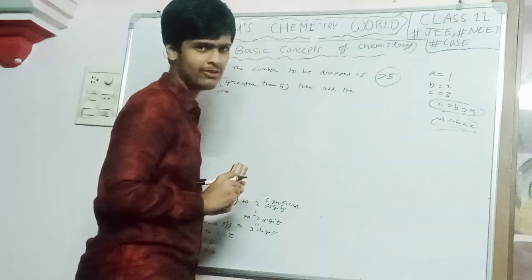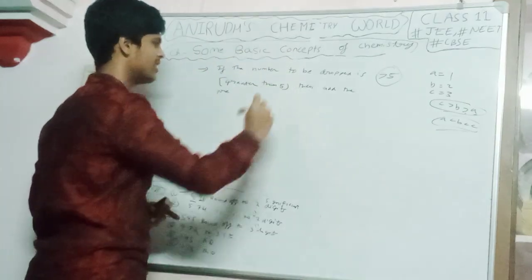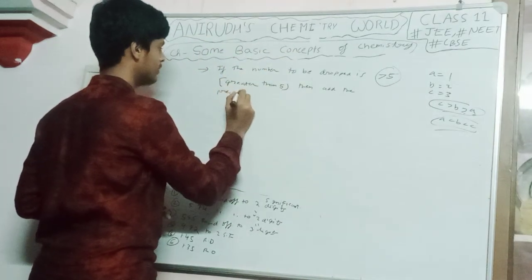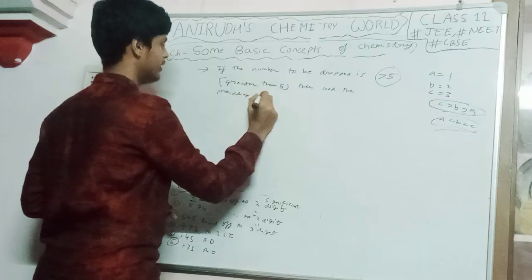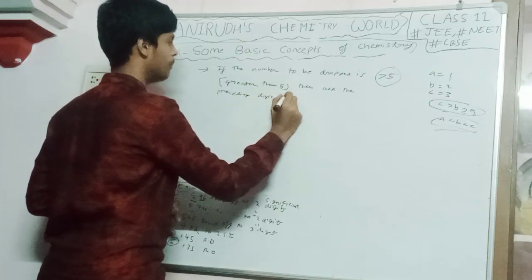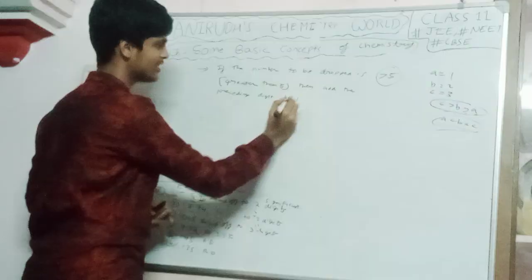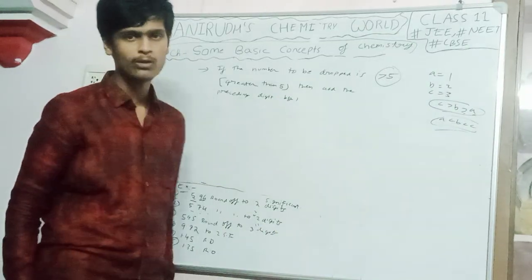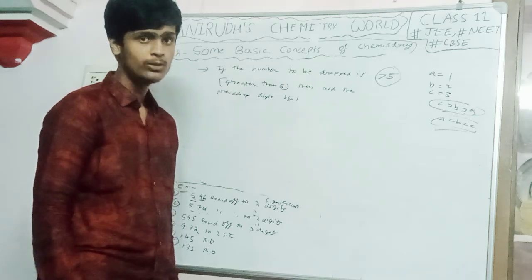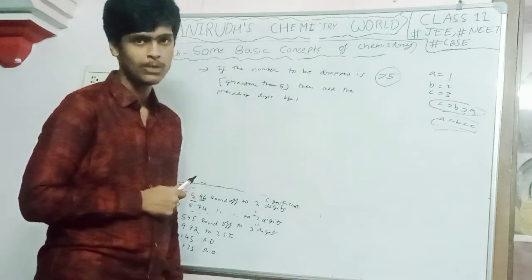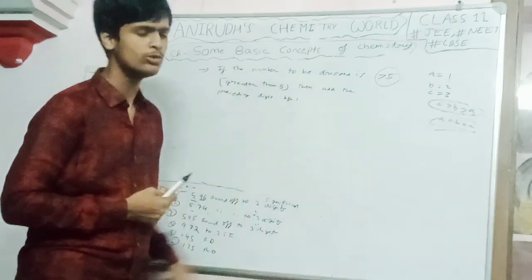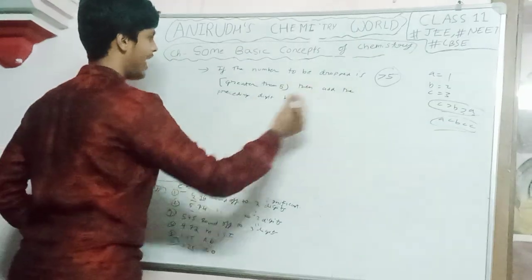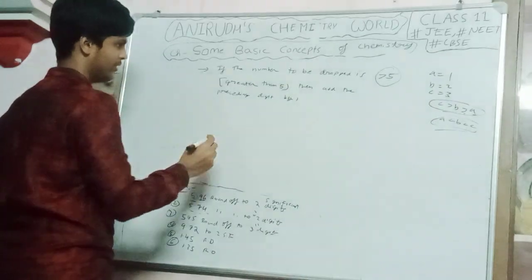In the book it is given as raise the preceding digit by 1. You need to understand in simple language. Instead of raised, we can use the word add.